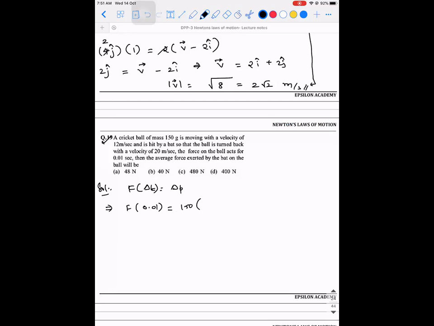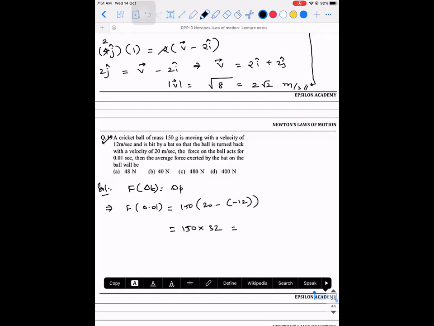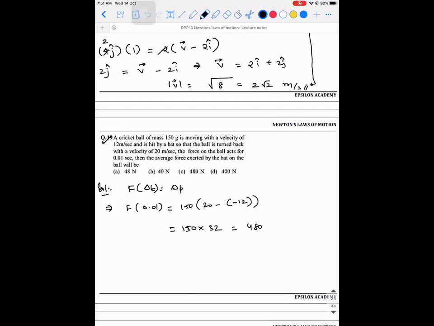So F into 0.01 is equal to delta p, which is how much? 150 into 20 minus of minus 12. So 150 into 32. How much is this, guys? 10 into 32 is 320, 5 into 32 is 160, so 480.